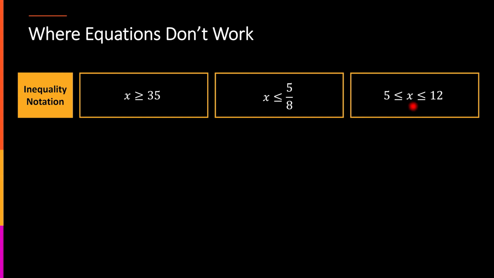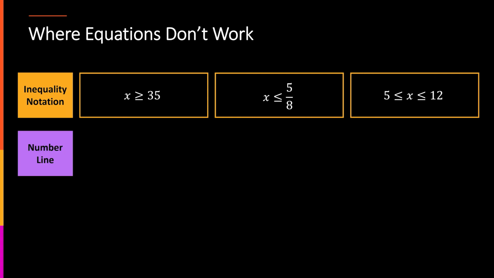That is essentially two of these inequalities at the same time. X is greater than or equal to 5, so to the right of 5 or 5 itself. But at the same time, it's also less than or equal to 12, meaning it's to the left of 12 or 12 itself, okay? So this is one way we could write the answers, but often this is not a very intuitive way for a lot of people to grasp what is happening here.